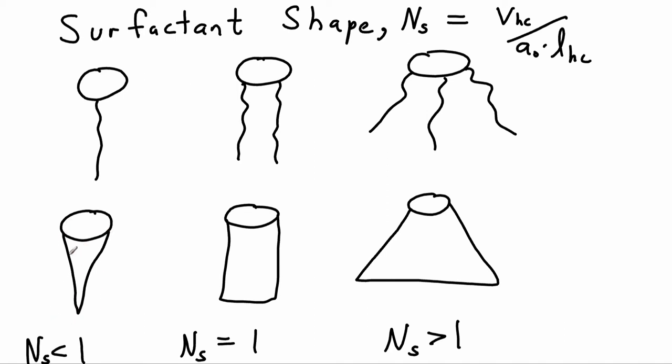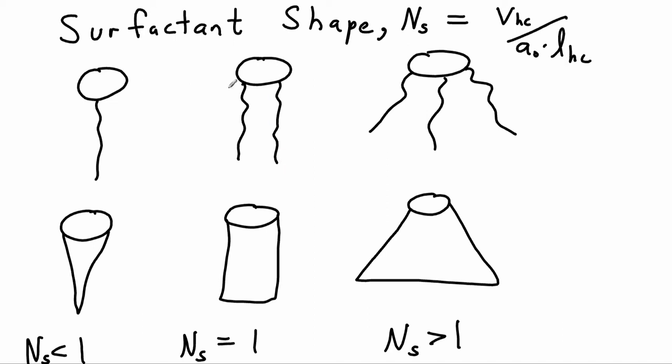Well, the length and this cross-sectional area, if we multiply them together, give you the projected volume beneath the head group. And here the volume of the hydrocarbon is actually less than the volume underneath the head group. And so the surfactant number is less than 1, because we've got the actual volume of the surfactant molecule divided by the projected volume.